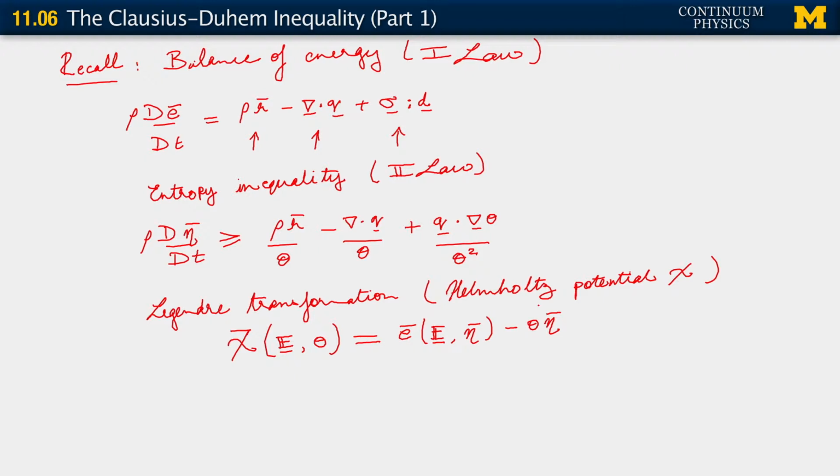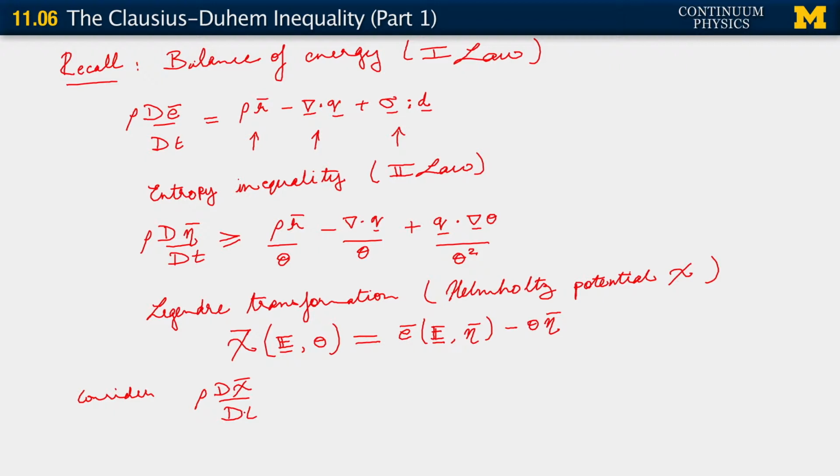And what we're going to do now is proceed from here and try to understand what we can get to. The way we are going to do this is by computing first the material time derivative of our Helmholtz potential. So we want to consider rho times the material time derivative of chi.